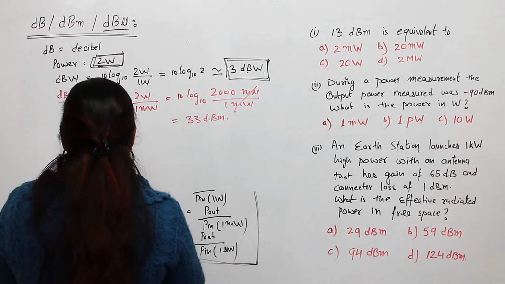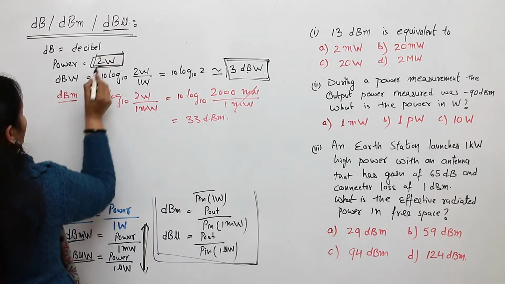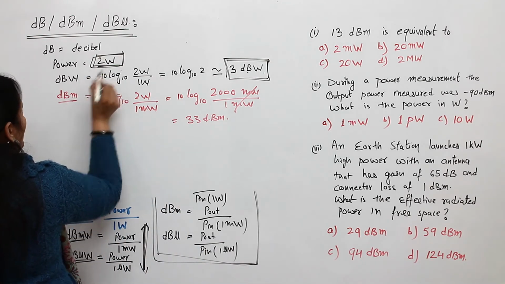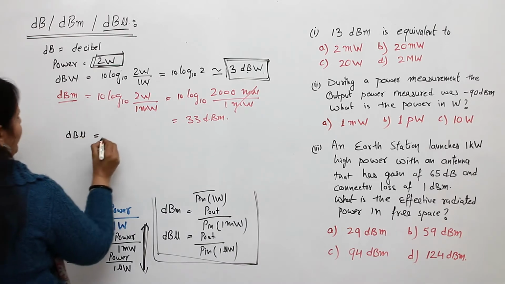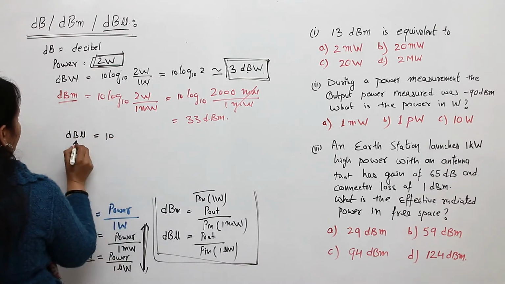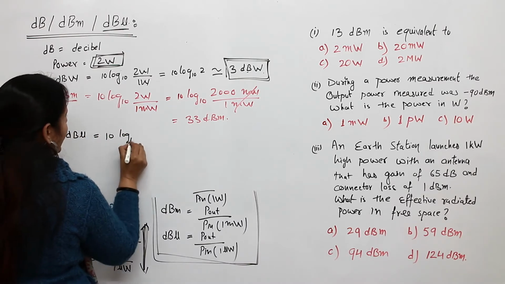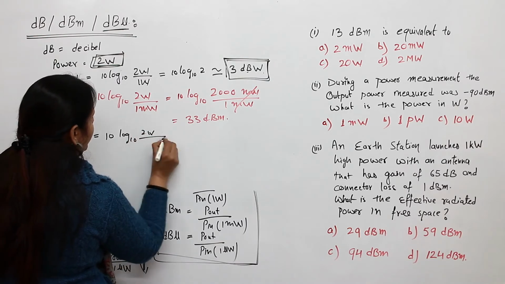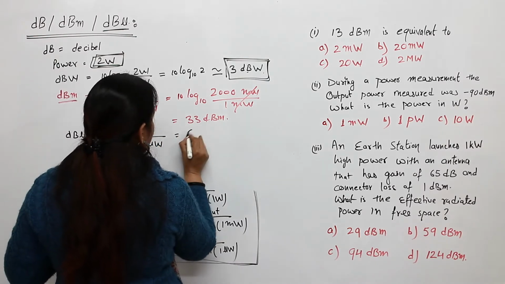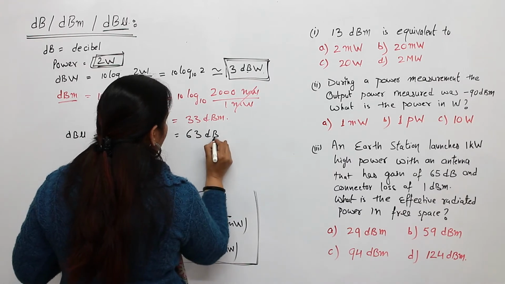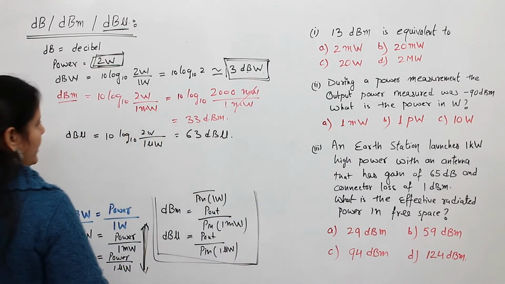In the next step, they can ask for a conversion of 2 watt into dB microwatt. The same procedure you will adopt for conversion into dB microwatt: 10 log10 of 2 watt divided by 1 microwatt, and this will give you 63 dB microwatt.